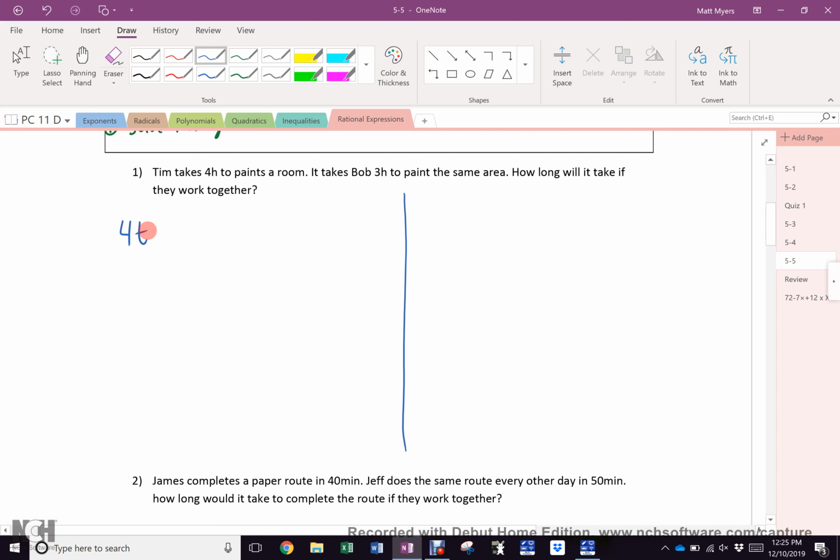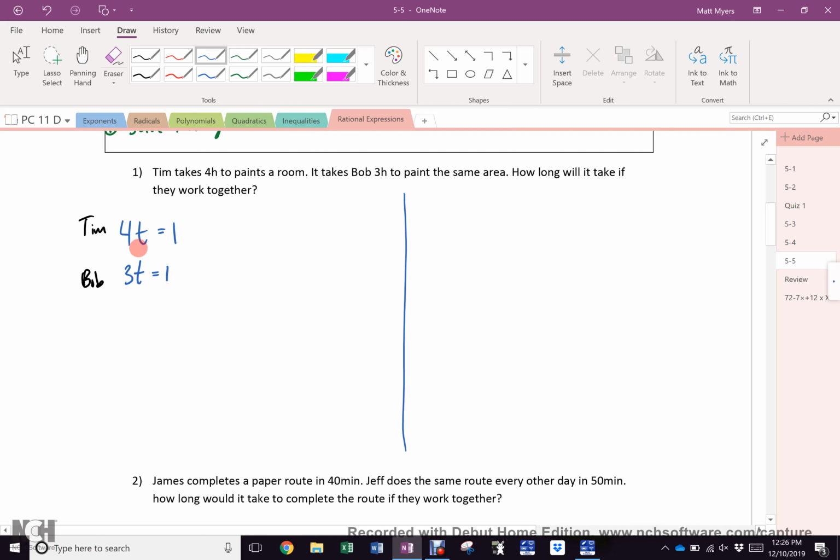And how many rooms will he paint? 1 room. Agreed? That's Tim. What will Bob be? Bob would be 3T to paint 1 room, yes? Everyone agrees?